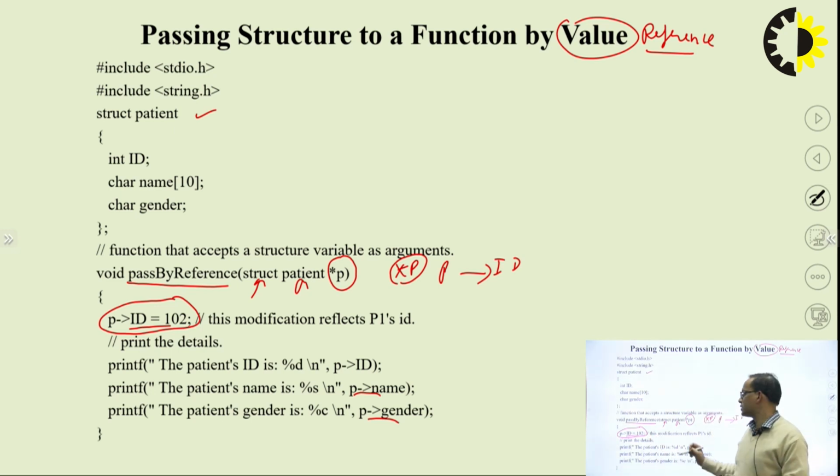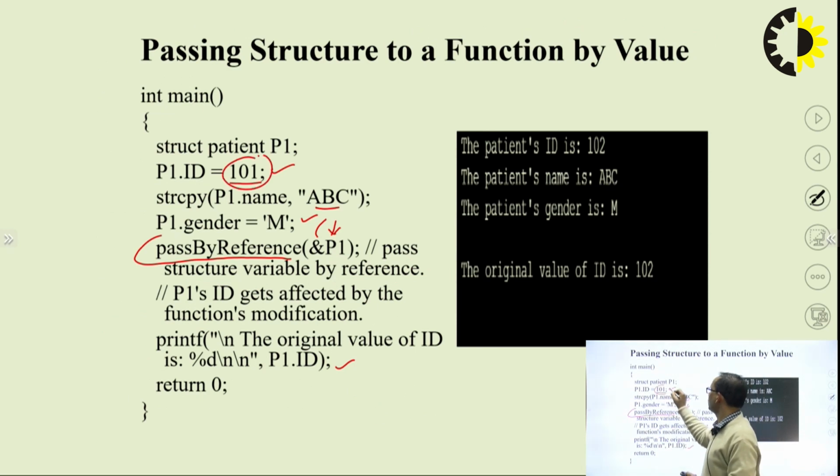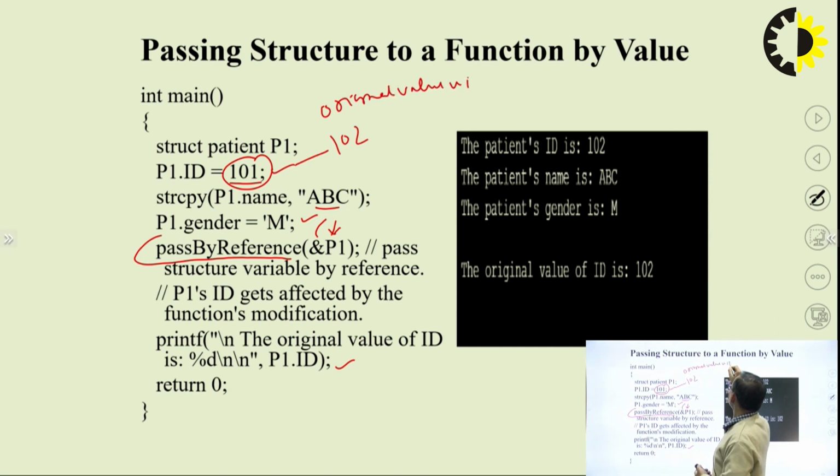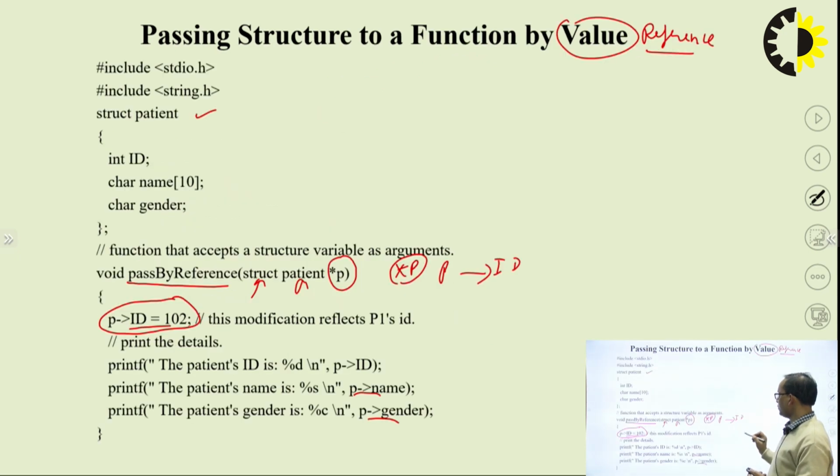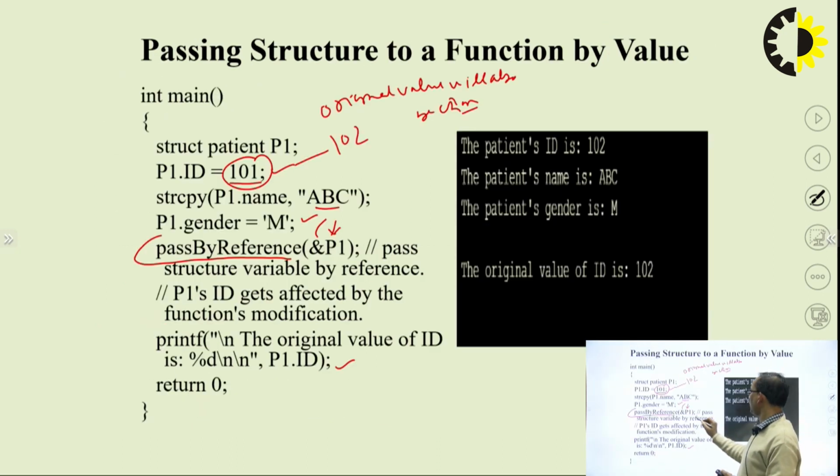When we assign a value here, the original value will also be changed. So the original value is changed from the function because we are passing the parameter using a pointer, that is, with the address.